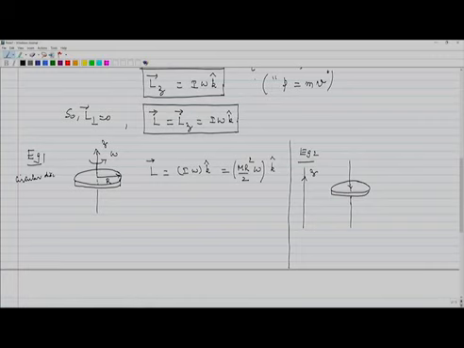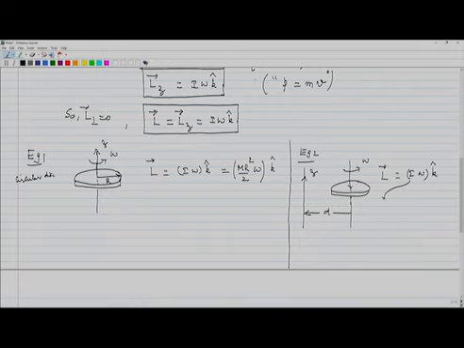Everything is the same. It is rotating with omega, and these two axes are parallel. Then again L will be equal to, this being a symmetric rigid body rotating about the symmetry axis, I omega times K. But the only thing is I is different.